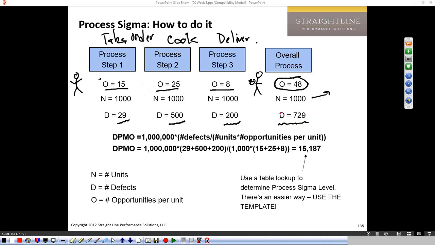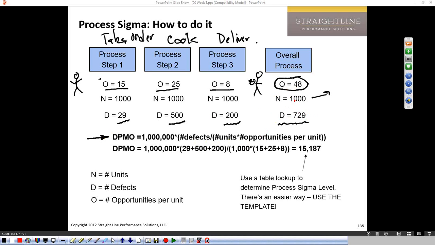Now, to do a sigma level calculation, we first calculate the defects per million opportunities. So that's where we start out. The first thing is we have to calculate the number of defects. We've got that. That's 729. But now we have to look at the number of opportunities, which is the number of units times the number of opportunities per unit.